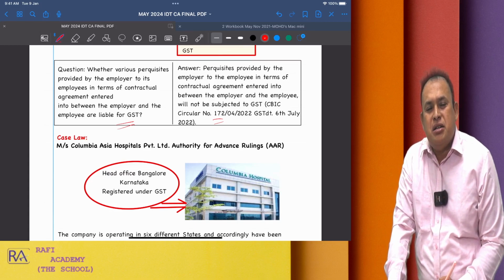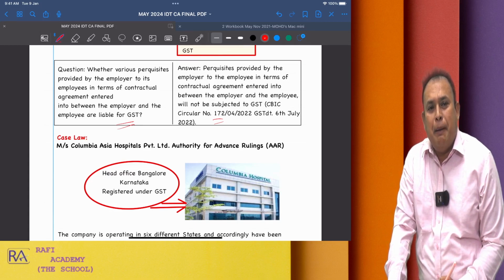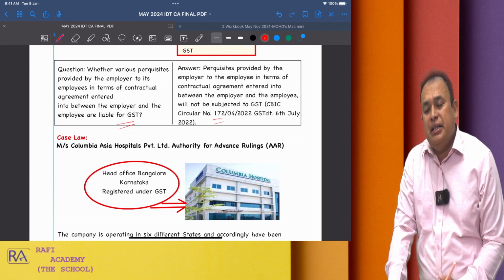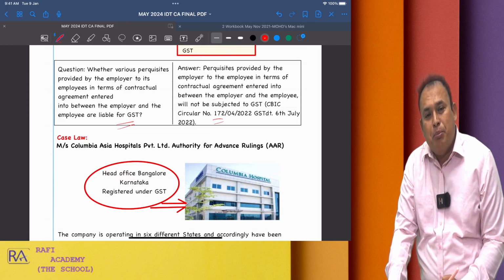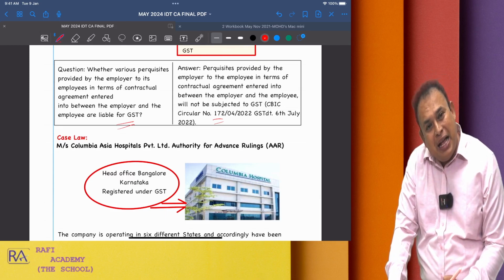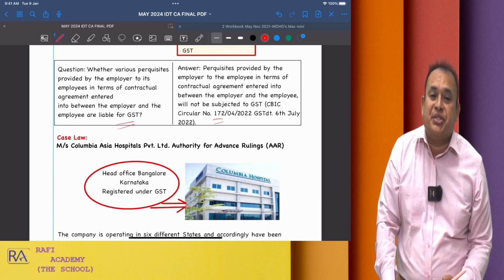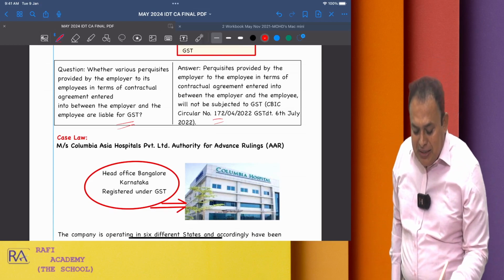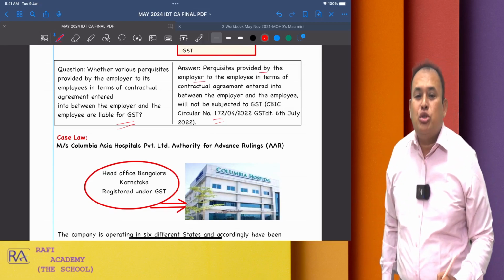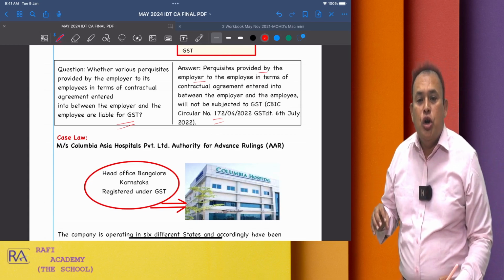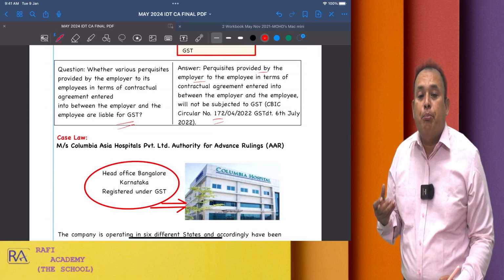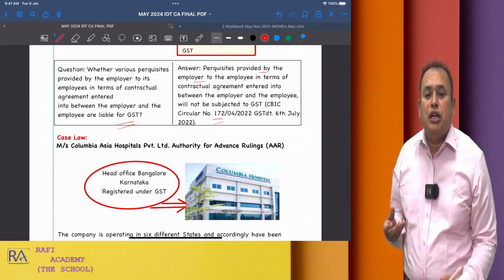Contractual agreement, employer and employee, where the employee provides services and the employer makes the payment for it. If so, in the course of employment, which is going to be taxed under income tax, then it is not going to be taxed under GST. They said here, perquisites provided by the employer to the employee in terms of the contractual agreement entered into between the employer and employee will not be subject to GST.